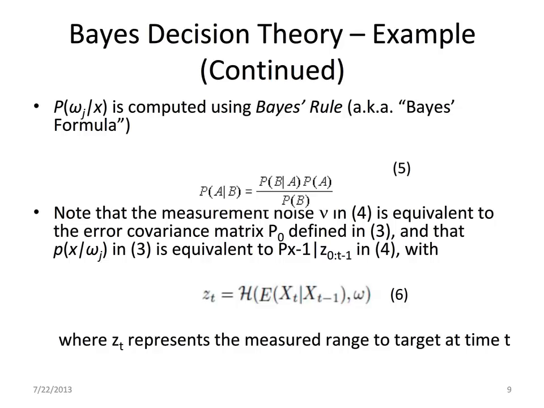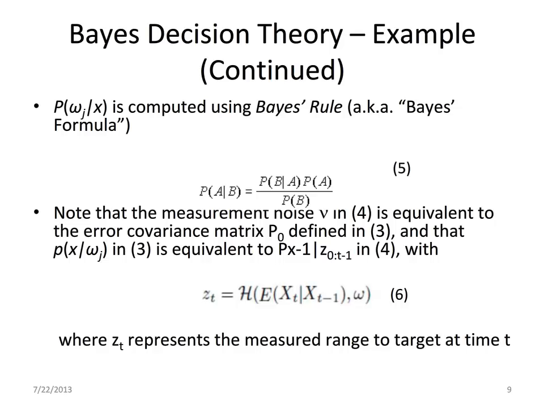Given the state at time t, that's capital X sub t, given the previous state x sub t minus 1. Again, the state vector, we'll say, includes a coordinate x, y, and z for each target.